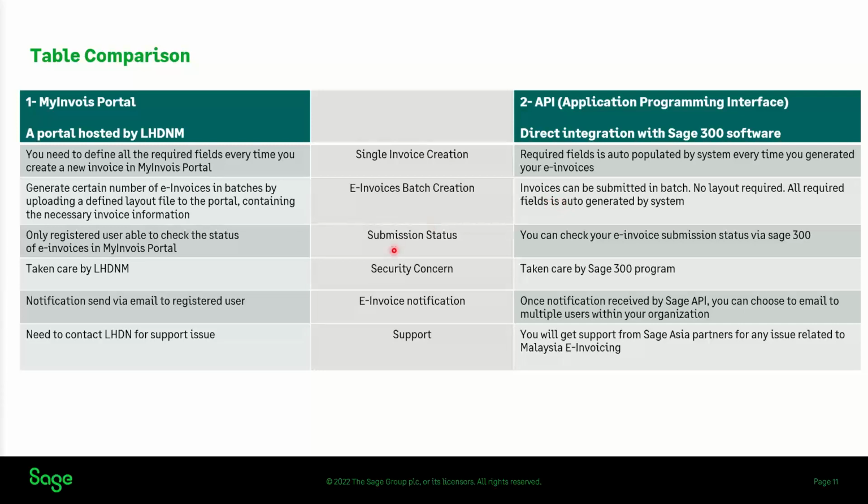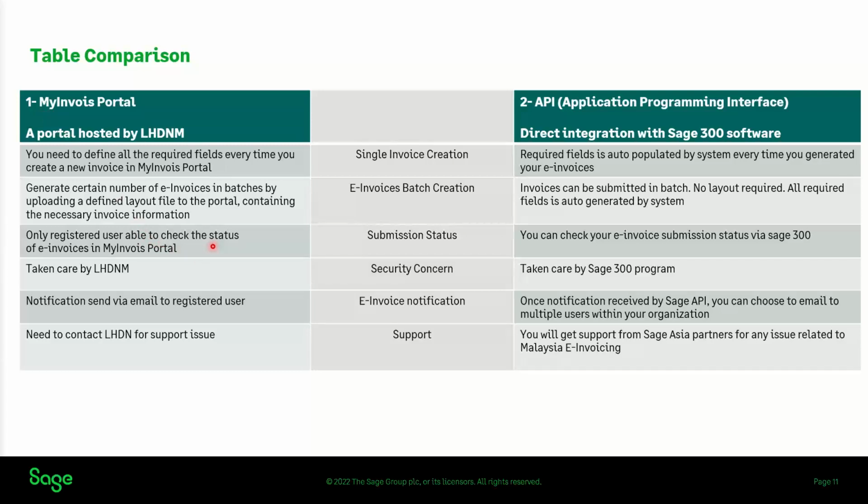Next, submission status. After you submit your invoice, you definitely want to see the status of your submission. Is it okay? Is it not? Is there any error? If you are using the My Invoice portal, only the registered user is able to check the status.